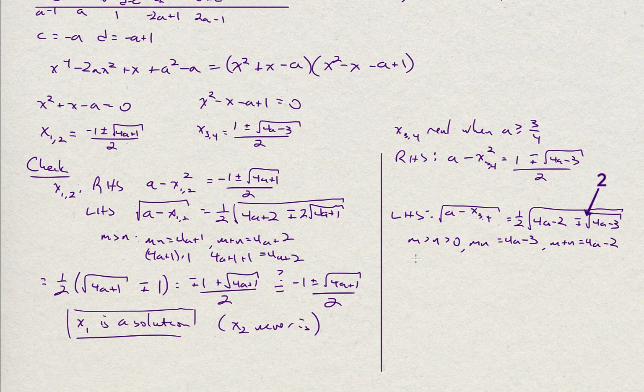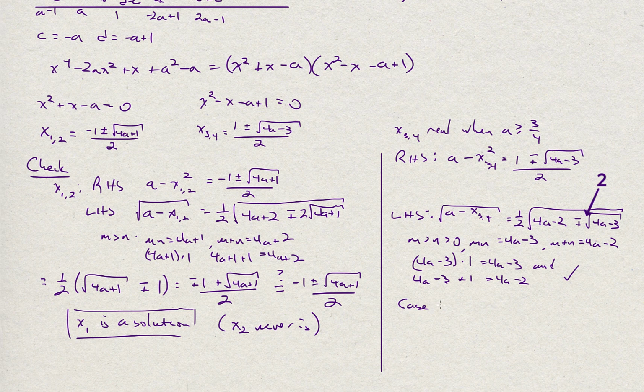So we know that 4a minus 3 times 1 equals 4a minus 3, and 4a minus 3 plus 1 equals 4a minus 2. So that checks out. However, which is greater, 4a minus 3 or 1, depends on what a is. So we've got a couple cases here.